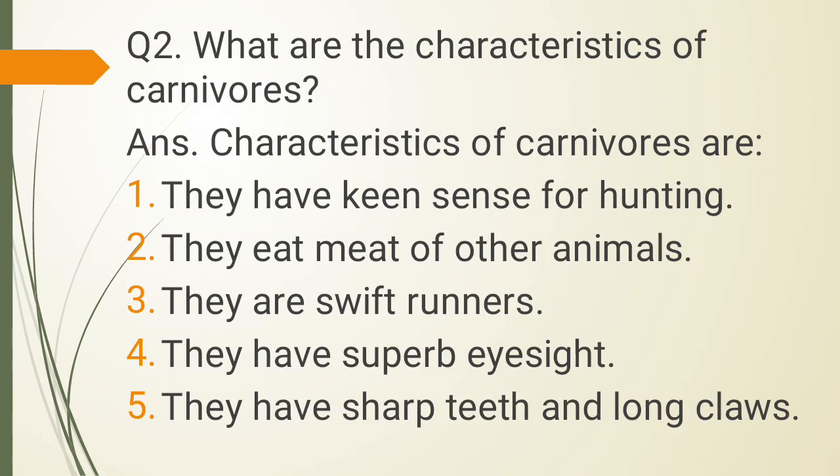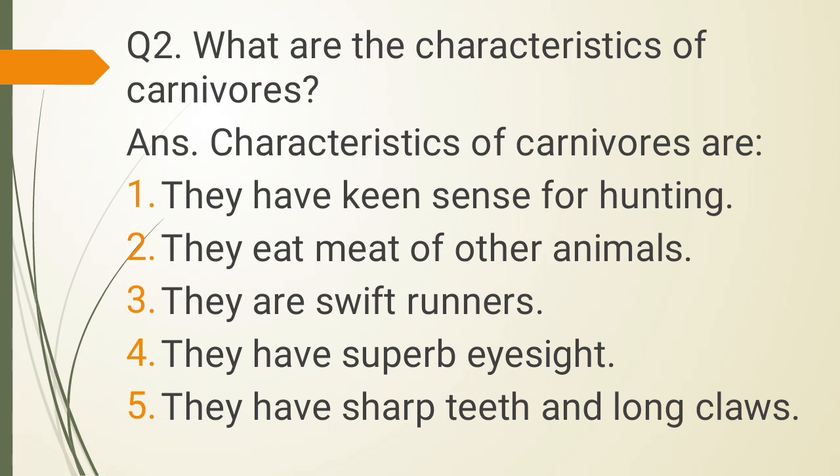Question number 2, what are the characteristics of carnivores? Means what are their key functions, how do they perform, and what kind of things they do. It means that is the characteristics. And what are the characteristics of carnivores? So the answer is, characteristics of carnivores are carnivores. A lot of you are trying to mispronounce it, but it's carnivores.